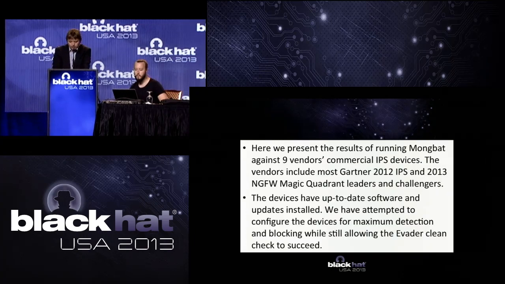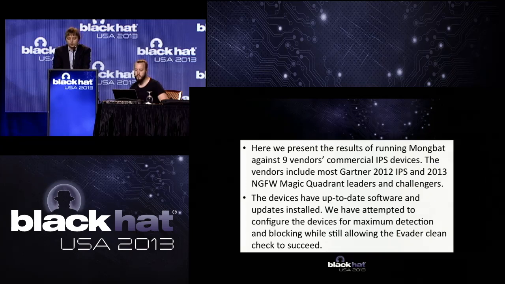So next I will present some of the results that we have found by running the Monkpad against 9 vendors' commercial IPS devices. These vendors include most of the Gartner 2012 and 13 IPS and Next Generation Firewall Magic Quadrant leaders and challengers. These devices have up-to-date software and updates installed.